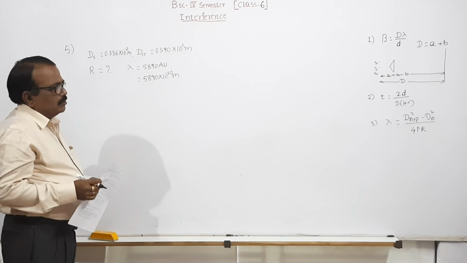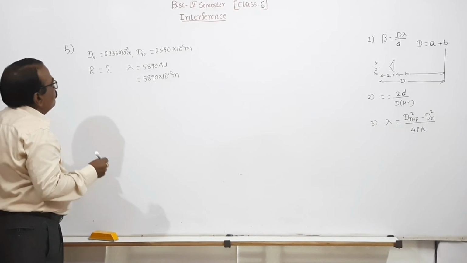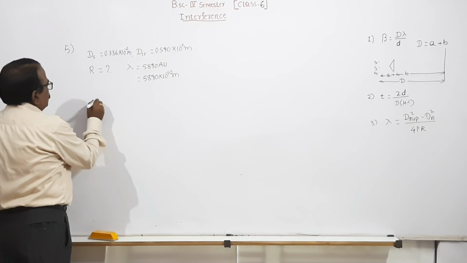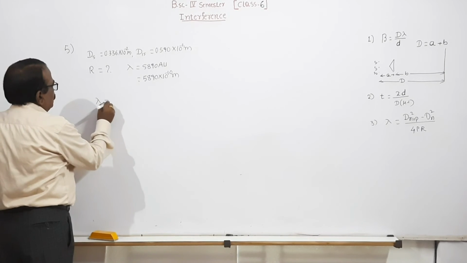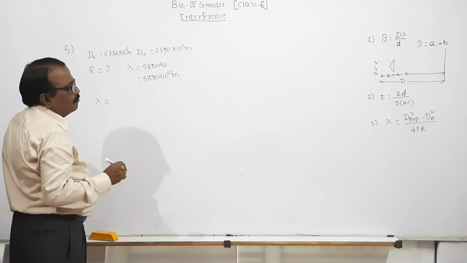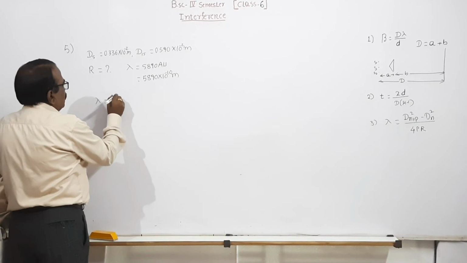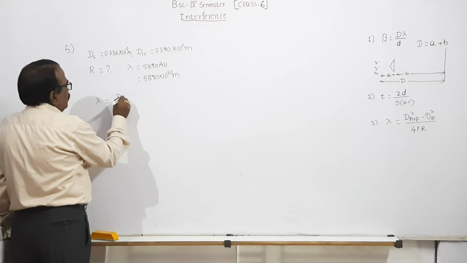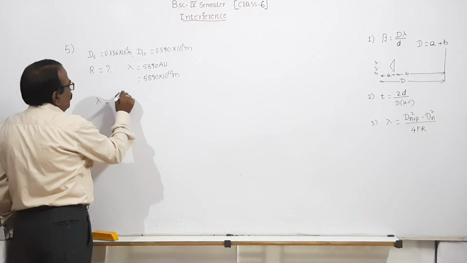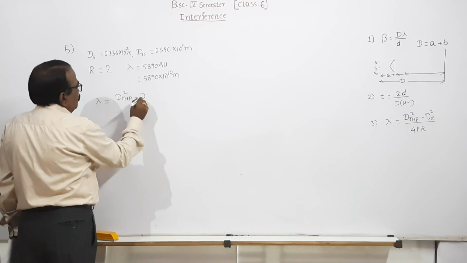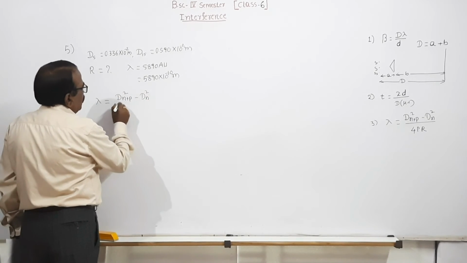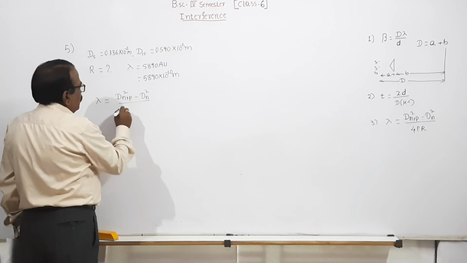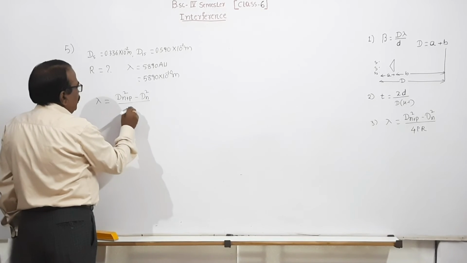You have to use the third formula. You know this lambda is equal to D n plus p whole square minus D n square upon 4pR.